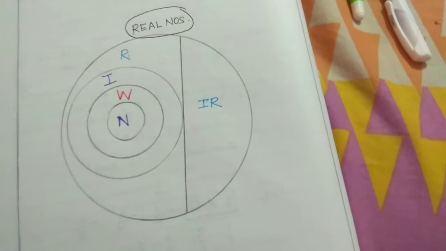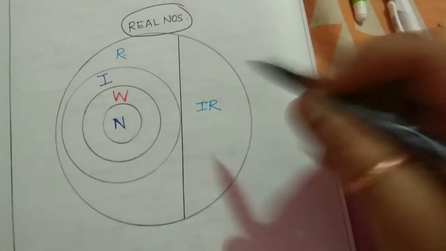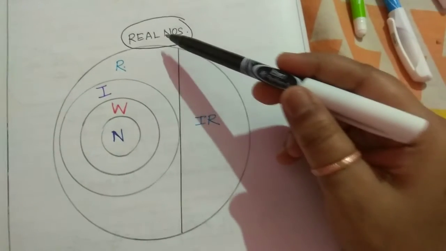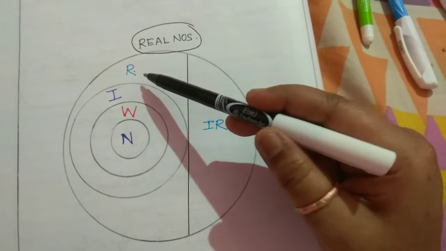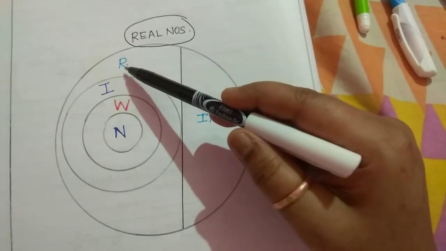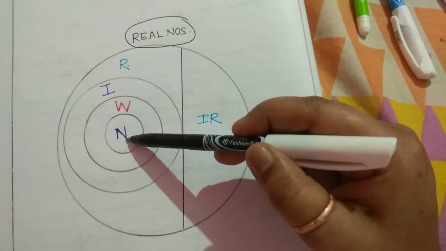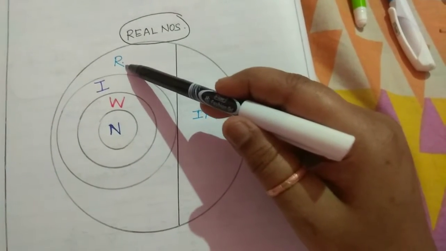Real number is divided into two parts: one is rational number, another is irrational number. In rational number we had seen natural number, whole number, integers and rational number.